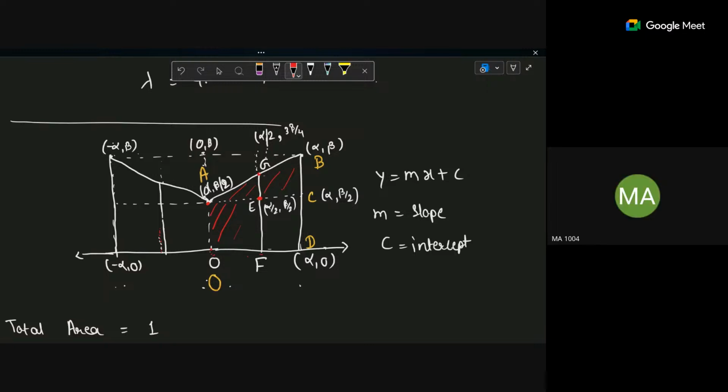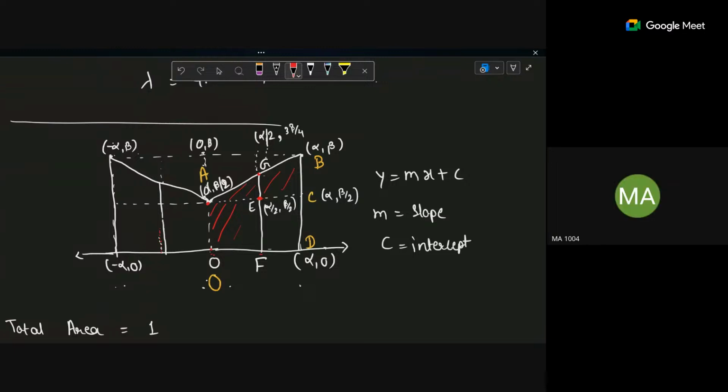Ma'am, I have to ask one thing. In triangle ABC, E is the midpoint, but how will you get to know that? E is the midpoint, that's not a problem. The midpoint theorem says a line passing through the midpoint of a triangle's side parallel to another side bisects the third side. In this, G is also a midpoint of AB, so we can directly calculate these coordinates.